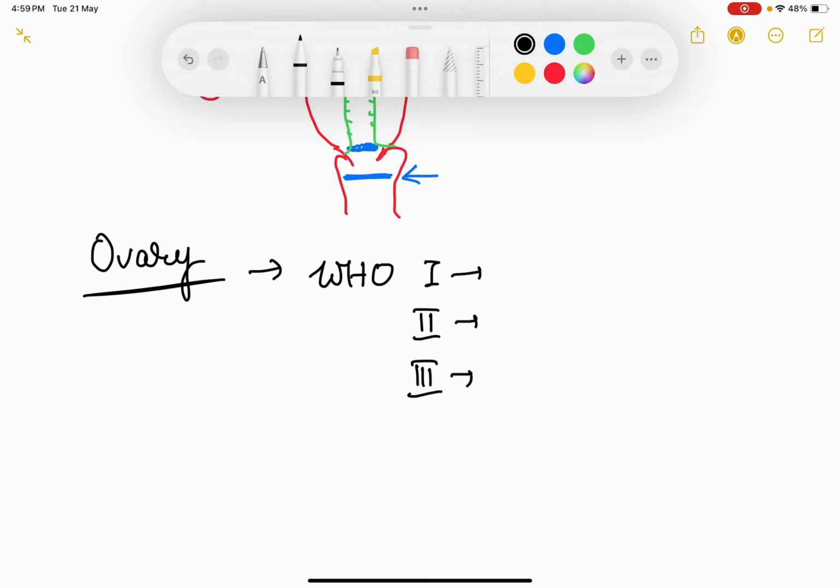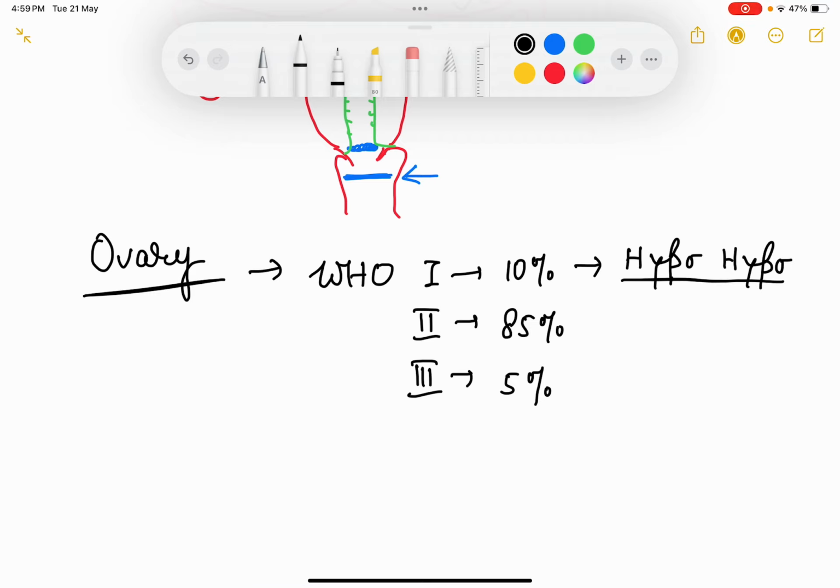Class 1 constitutes 10% of the cases, class 2 is most common, which constitutes 85% of the cases, and the rest 5% are constituted by class 3. Class 1 constitutes hypo cases, that is hypogonadotrophic hypogonadism cases. This means the defect is higher up in the hypothalamus or the anterior pituitary.